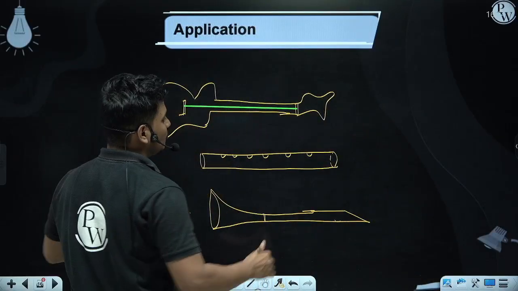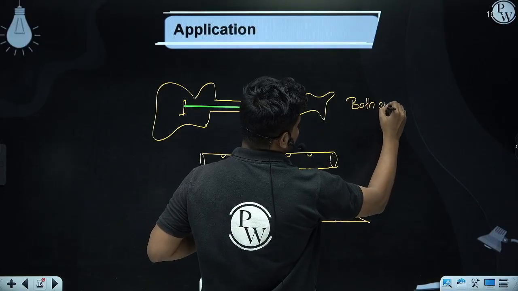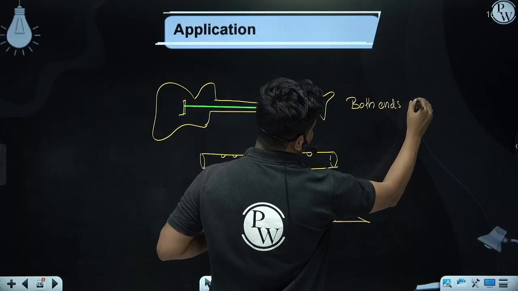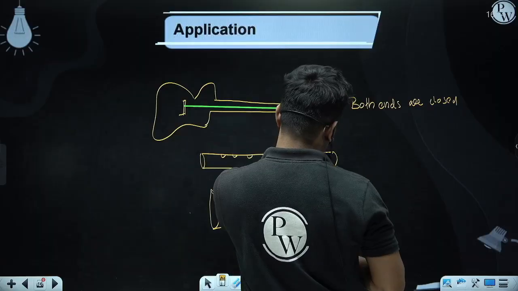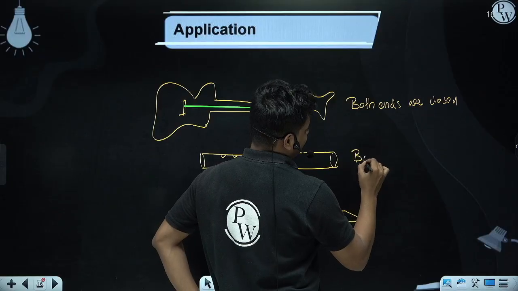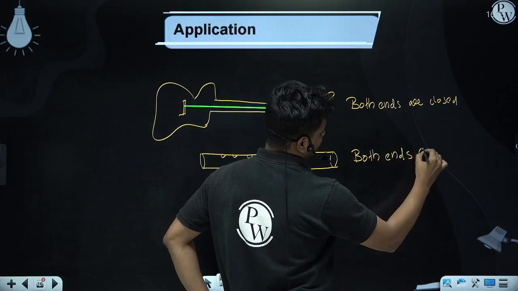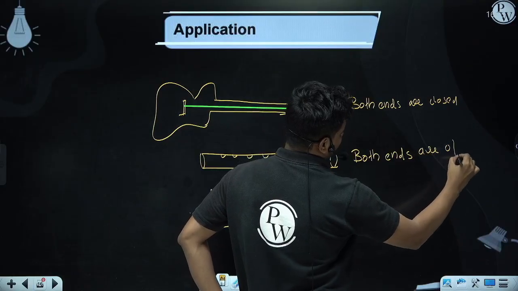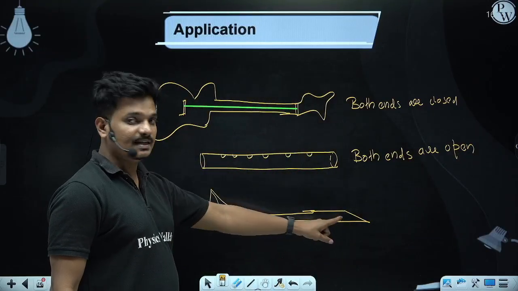So in here both ends are closed. Both ends are closed, and in here both ends are open. Both ends are open. In here this end is closed and this end is open.